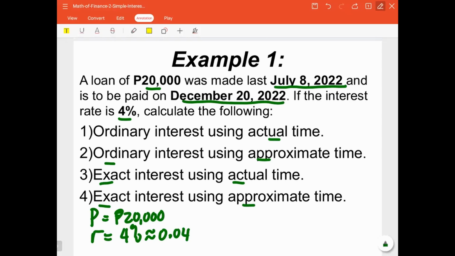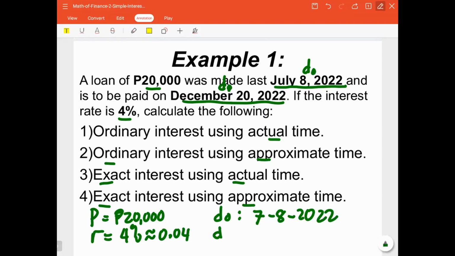So we may write this original date as our D sub 0, then this maturity date as our D1. Take note, July is the 7th month of the year. So we can write D sub 0 as 7/8/2022, an alternative way of writing the date.